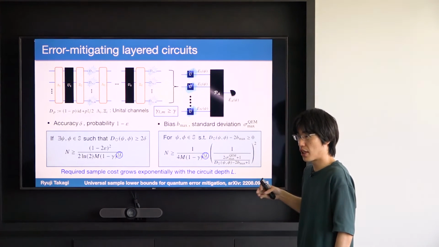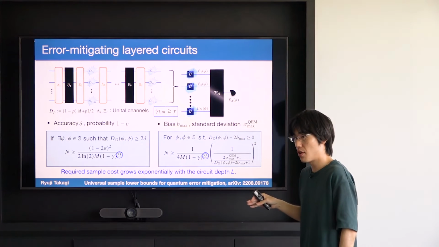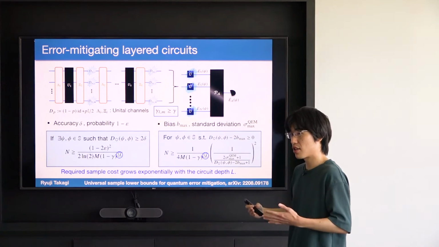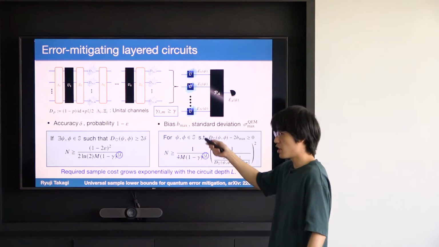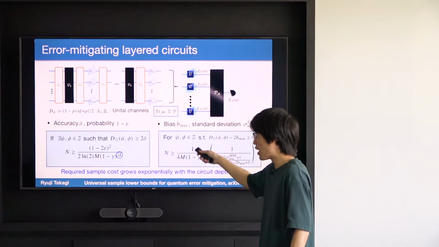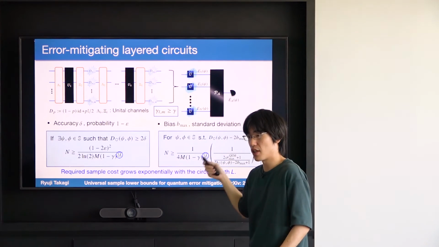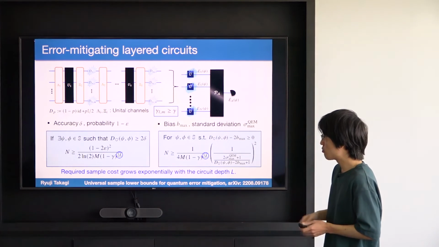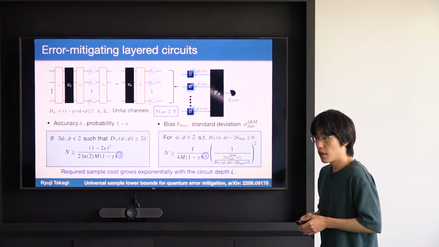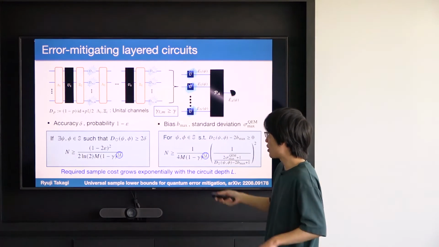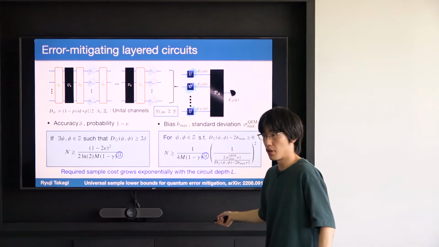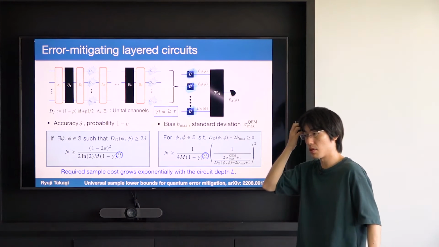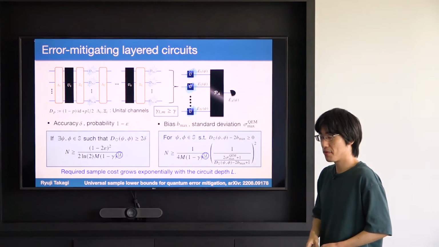In their work, they looked at a sort of worst case scenario, one tailored for their purpose, and you can construct some situation in which you need an exponential number of samples with respect to the number of qubits as well. So in a real setting, it's highly possible that it depends not only on the circuit depth, but also on the number of qubits and maybe other contributions as well. Thank you.